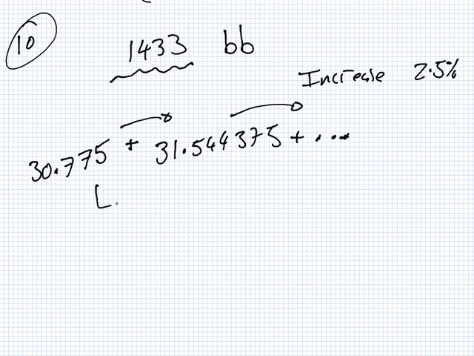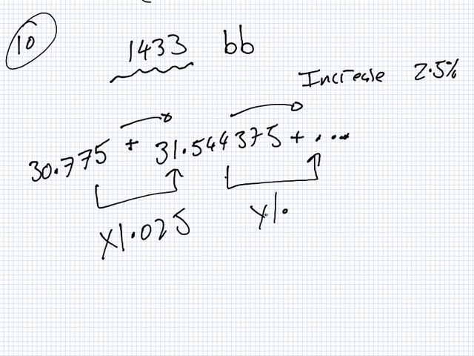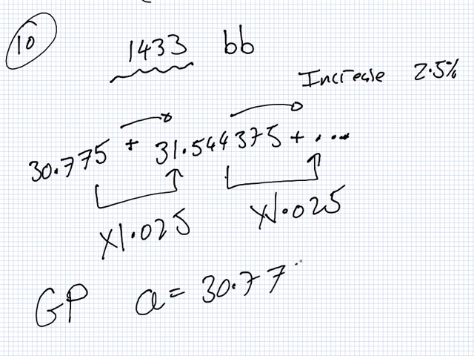Geometric. What we're doing each time to make the number 2.5% bigger is we're multiplying by 1.025. This makes the number 2.5% bigger each time. So this is a GP with a equal to 30.775 and r equal to 1.025.